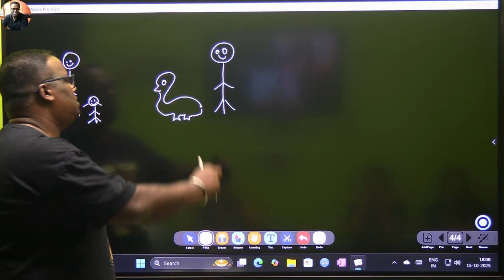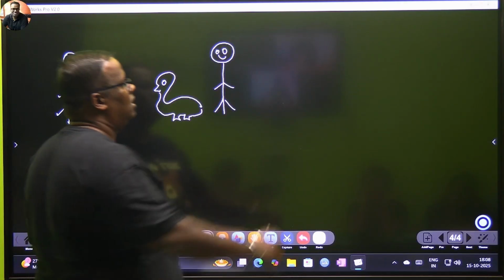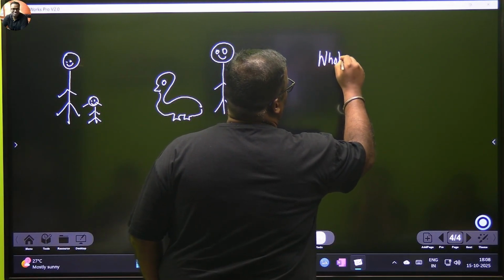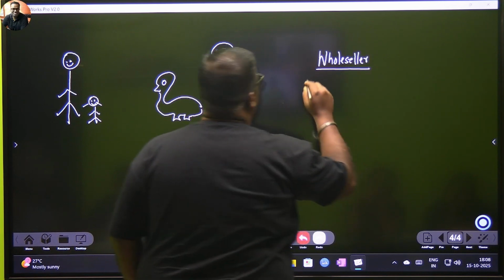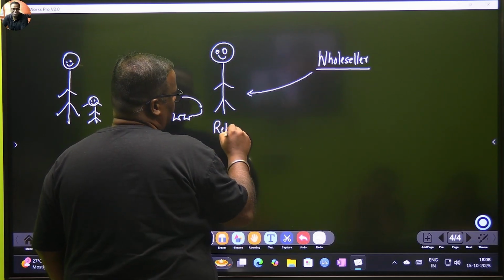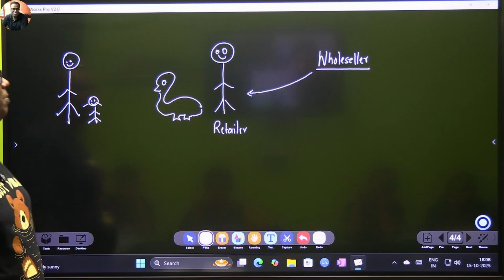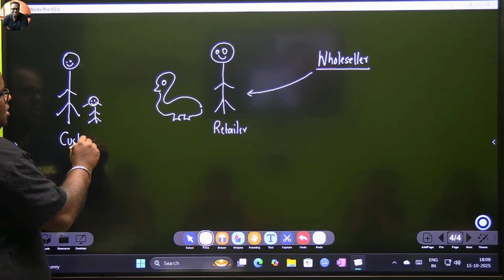Now, this person must have also bought this toy from someone. Let's say there was some wholesaler, and this person bought it from the wholesaler, and then this person gets the name retailer. A retailer sells items individually, a wholesaler sells in packets, and this is known as the customer.